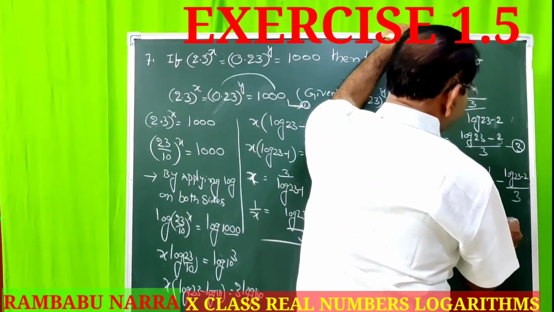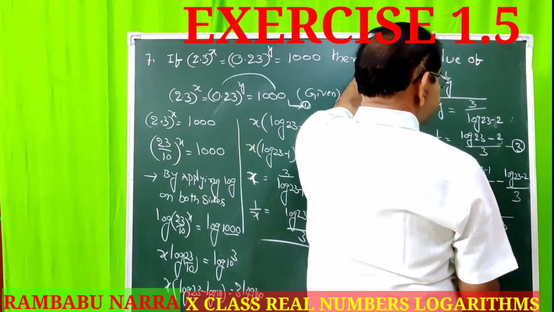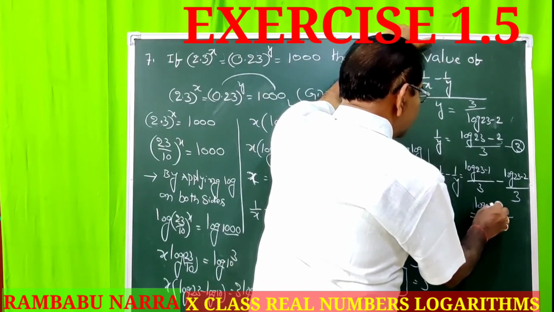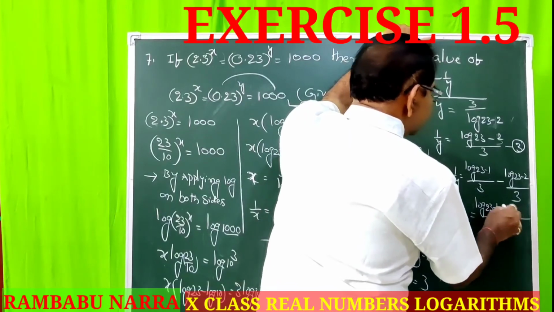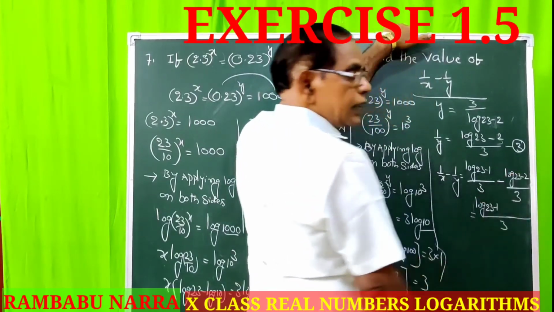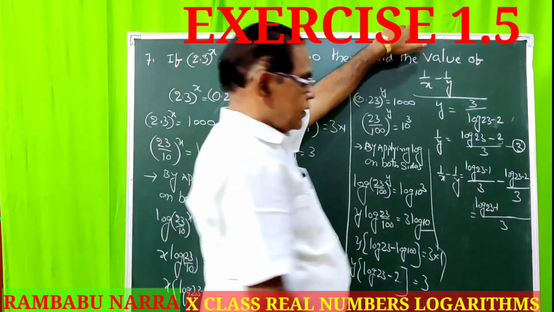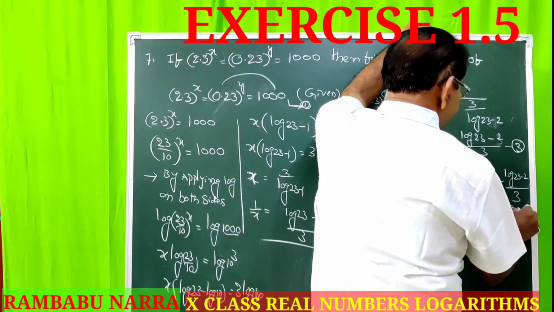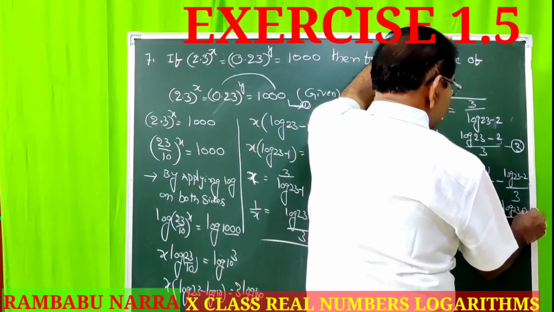Taking LCM 3: log 23 minus 1 minus log 23 plus 2.